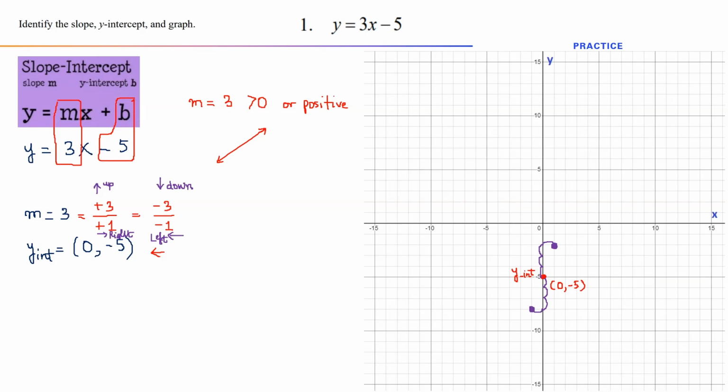So this can be a point on the graph as well. Now we connect those points, and we will have a graph. And remember, when you represent the graph, make sure to have the arrows, so we know that it runs from negative infinity to infinity.